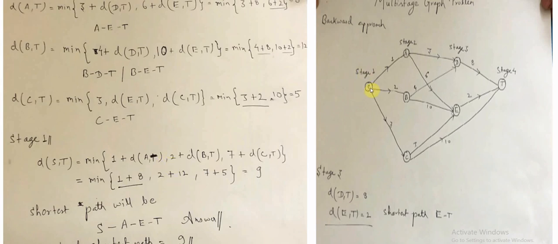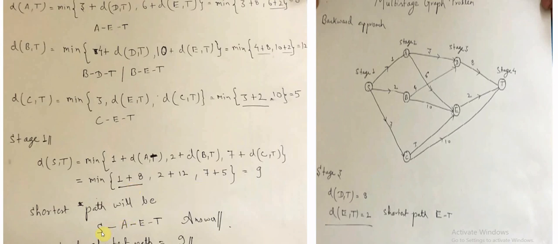Now the weight of SB, that is 2, and the value of cost B to T, the minimum cost to reach from vertex B to T, that is 12, and then the weight of SC, that is 7, plus cost C to T, which we have already calculated in the previous step.